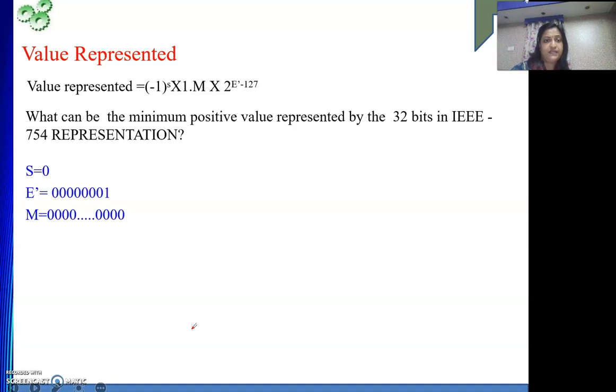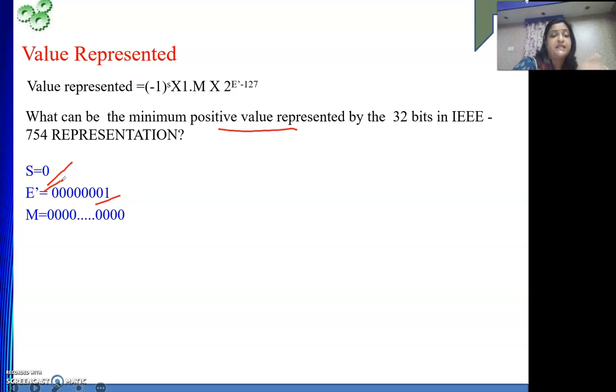The next one is the minimum positive value. This time they have asked for the minimum positive value in IEEE single precision. So S will be 0, obviously. E dash cannot be all 0, because I already said that all 0 means a special case. So here I will take 1. Why not put 1 here?